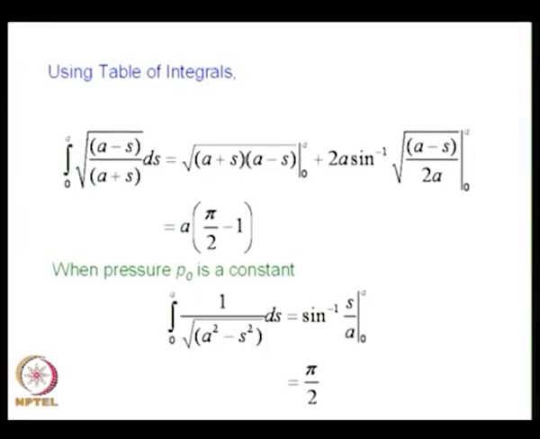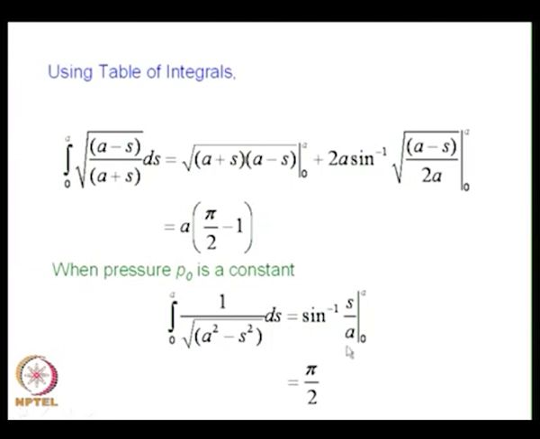I am not giving you the expression for k, we will have a look at it. And what would be the type of integral that you will have to evaluate when the pressure is constant? The expression is different, and the expression turns out to be integral 0 to a 1 by square root of a squared minus s squared into ds.